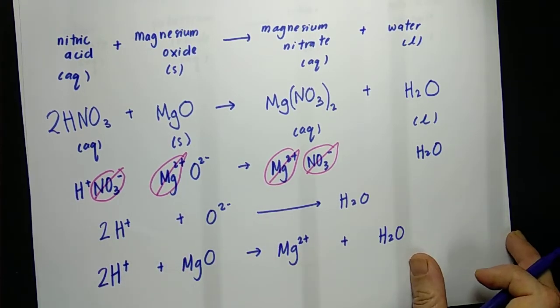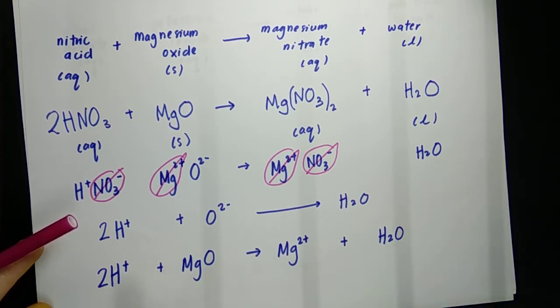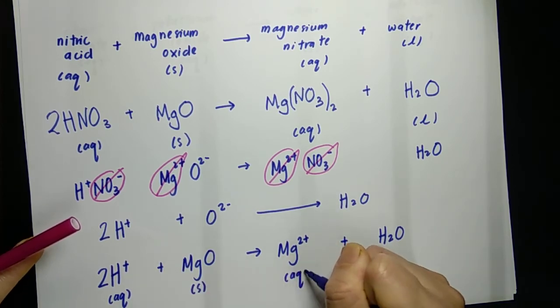So there are two types of ionic equation that you might see out there. Now, how come this can be written this way? Because you have to understand this is aqueous, this is a solid. A solid doesn't split into ions in the solution, but when it becomes aqueous, it does split.